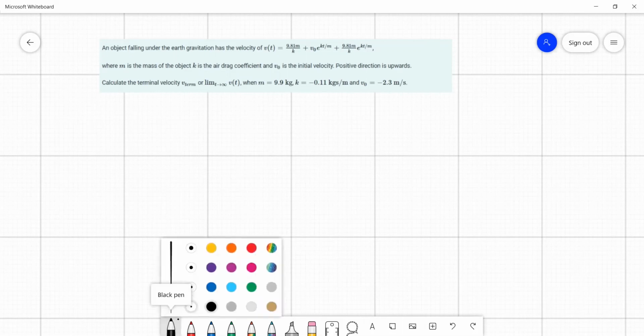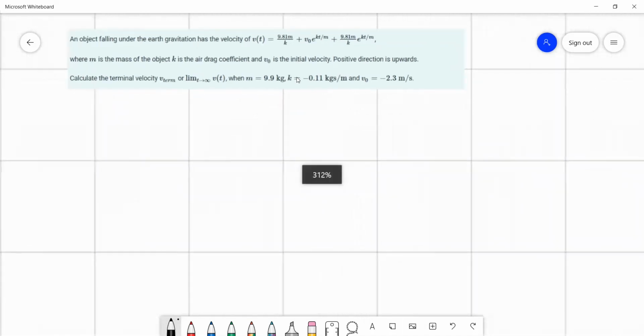If you read, the problem is basically presenting an equation of velocity as a function of time, and it has all these mumbo jumbos over here with E and K. Admittedly, at first it does look intimidating, and it would be if we were studying physics, but luckily we are just studying simple calculus at the moment. So let's just read the question before we judge it.